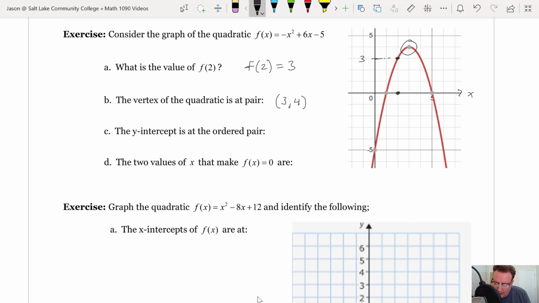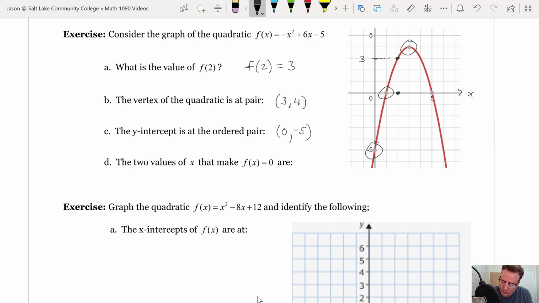The y-intercept is at the ordered pair. So here's the y-intercept. And a y-intercept always has an x-coordinate of 0, but the y-coordinate here is negative 5. The two values of x that make f of x equal to 0 are, well, we can look at the graph here.